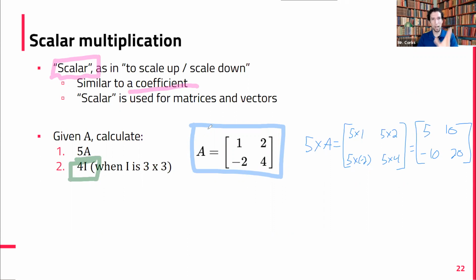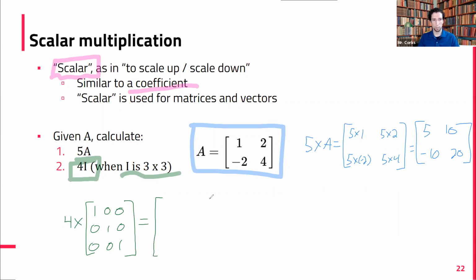So matrix I always means identity matrix of some size, and that should be obvious from the context. So it's not some random thing. And then here we're saying the identity matrix is a 3 by 3 matrix. So 4I would mean 4 times this matrix here, 1, 0, 0, 0, 1, 0, 0, 0, 1. So that's a 3 by 3 identity matrix.